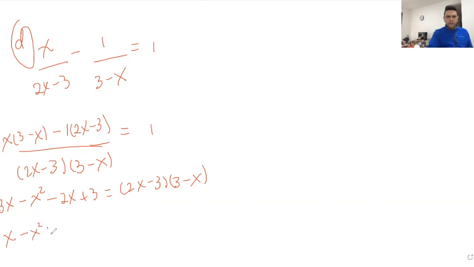Minus x squared plus 3 equals, this would be 2x times 3, that'll be 6x. 2x times negative x, that'll be negative 2x squared. Negative 3 times positive 3 is negative 9. Negative 3 times negative x is positive 3x.